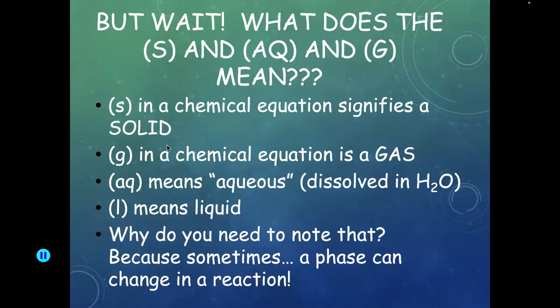Typically, these are the state that they're in at room temperature. If you look at your periodic table, all the elements are colored. Their formula is based on their state of matter at room temperature, because that's usually when we're working with them. Most of the elements in the periodic table are solids. But if I took a powdered solid and a powdered solid and I mix them together, a lot of times a chemical reaction isn't going to occur.